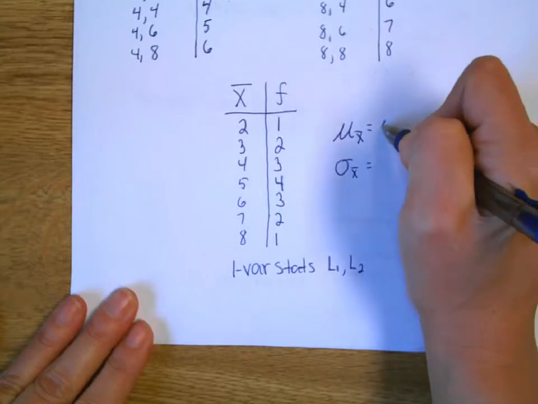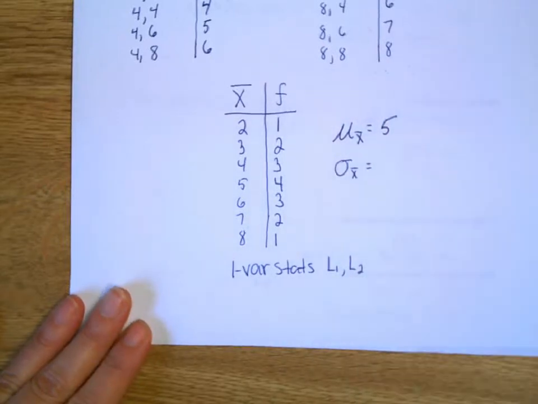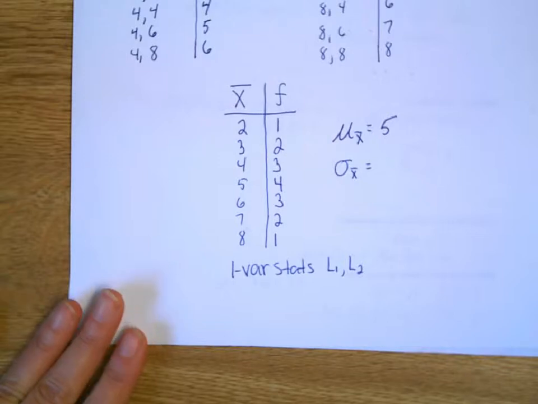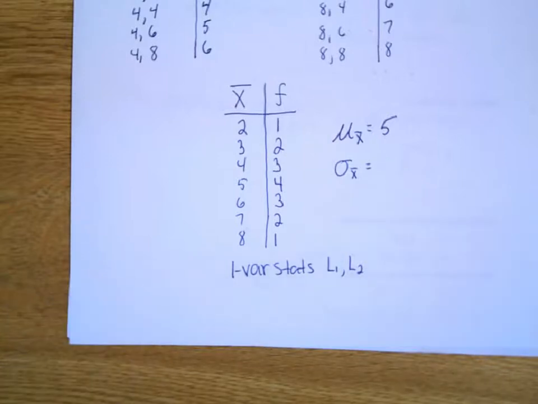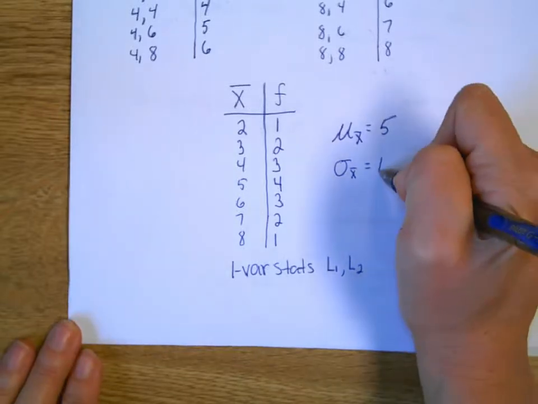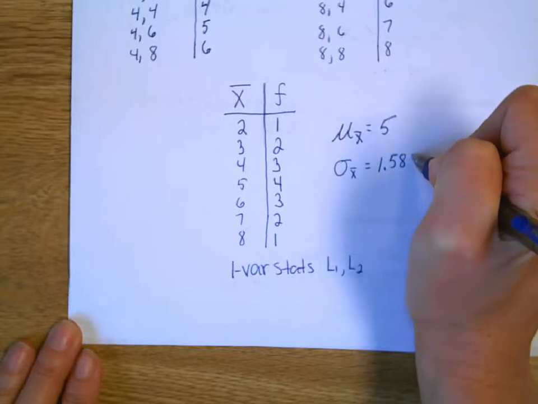So the average came out 5. And my standard deviation, because it's all possible samples, it's a population of samples, so I do want the sigma standard deviation here. 1.581.